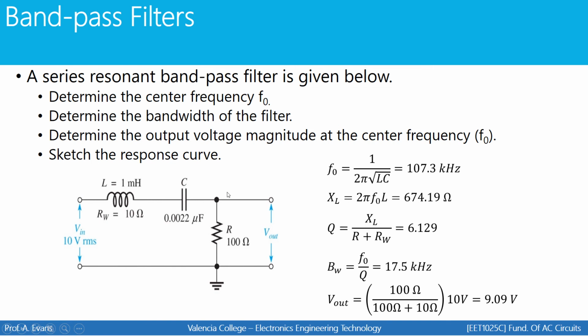If I were to set up a voltage divider to find the output voltage, I'd have 100 divided by 100 plus the winding resistance times 10 volts. So my output voltage is 9.09 volts. That represents my maximum output voltage for this particular bandpass filter. If this were an ideal circuit and there were no winding resistance, I would get 100% of the input at the output. The winding resistance is what causes the output to be slightly less than the 10 volts that we started with.